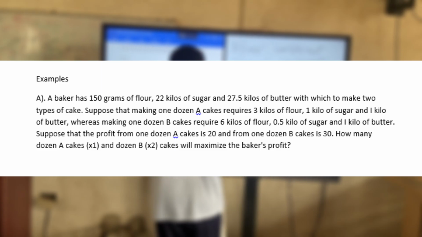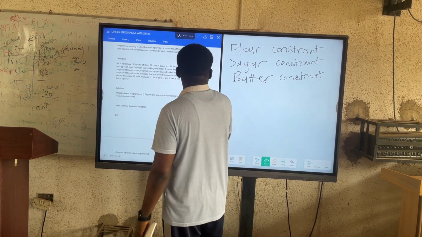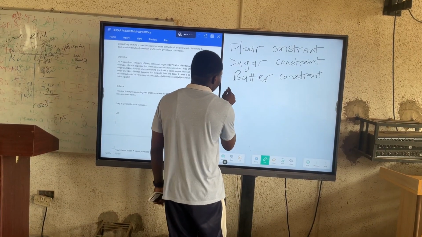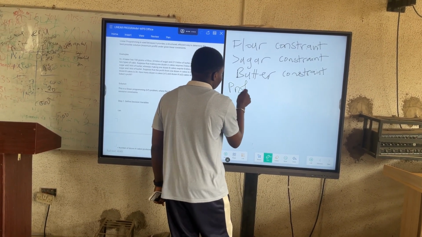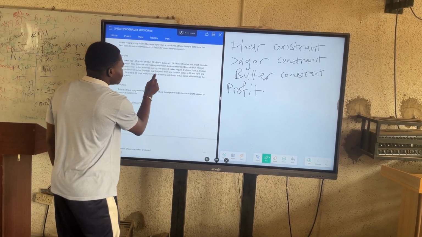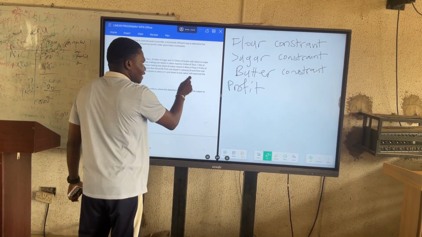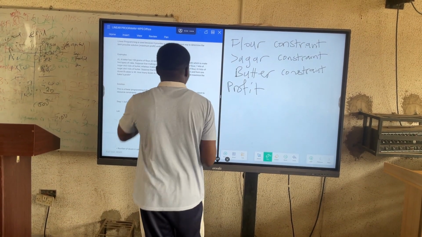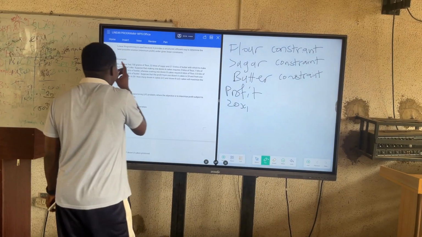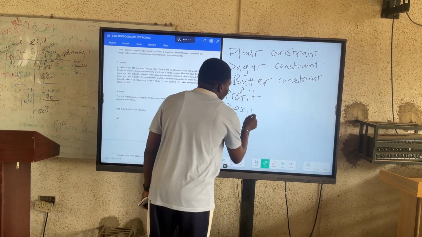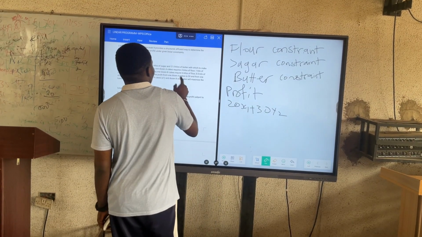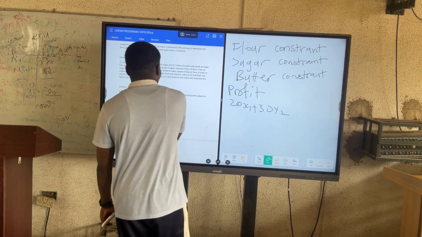baker's profit? So, first of all, the profit function. Suppose that the profit from a dozen A cakes is 20. So dozen A cakes, which is x1, gives 20x1, and dozen B cakes is 30, plus 30x2, will maximize the baker's profit.